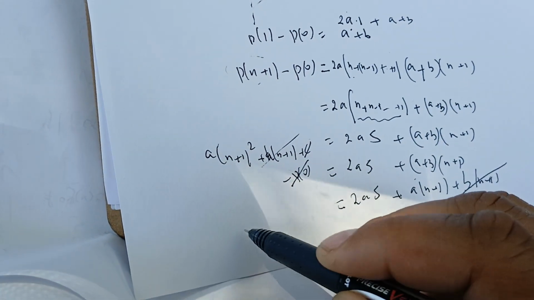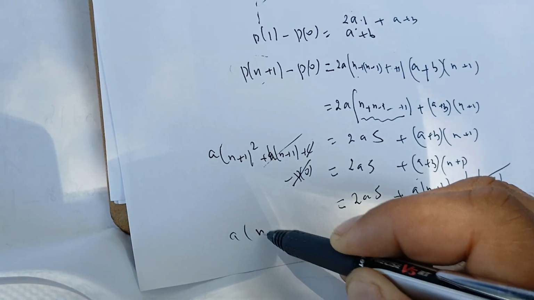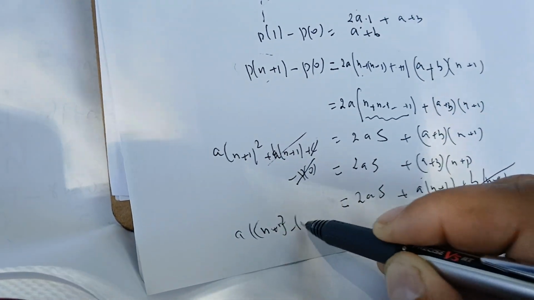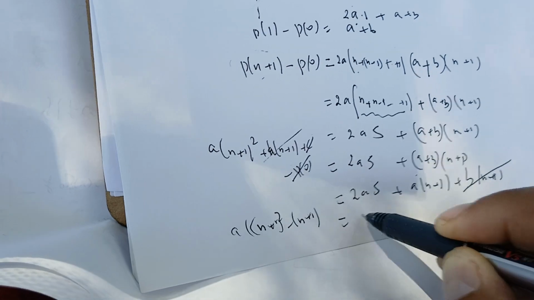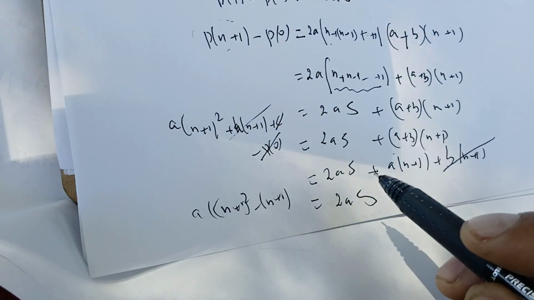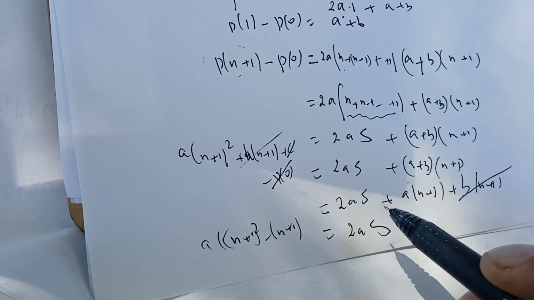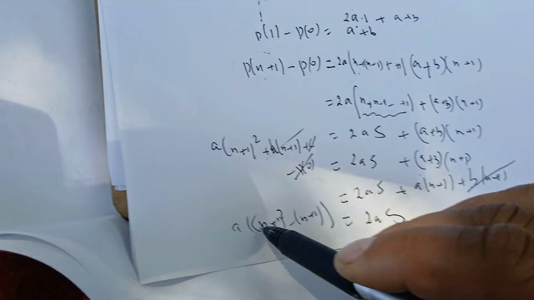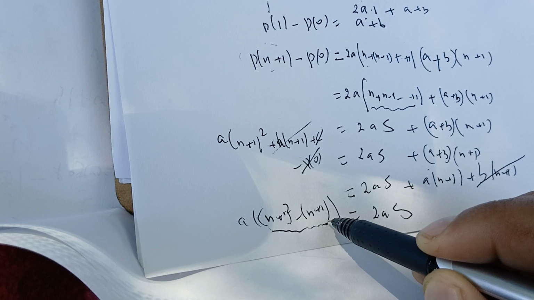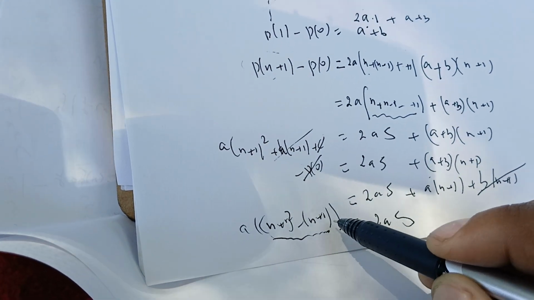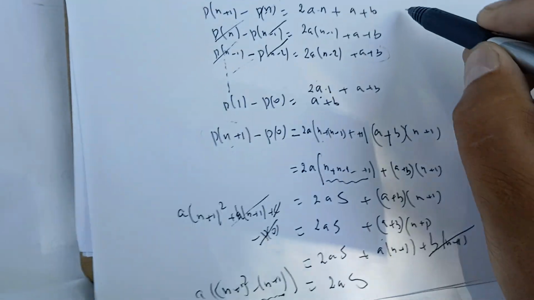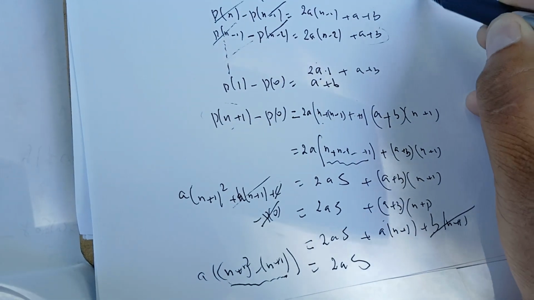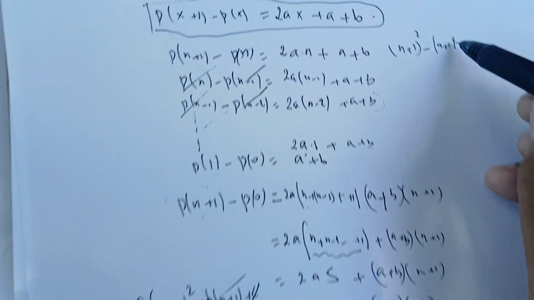So we'll have a n plus 1 squared minus n plus 1 equals 2as. Okay. So now, let's first simplify this one. So this one is going to give us n plus 1 squared minus n plus 1.